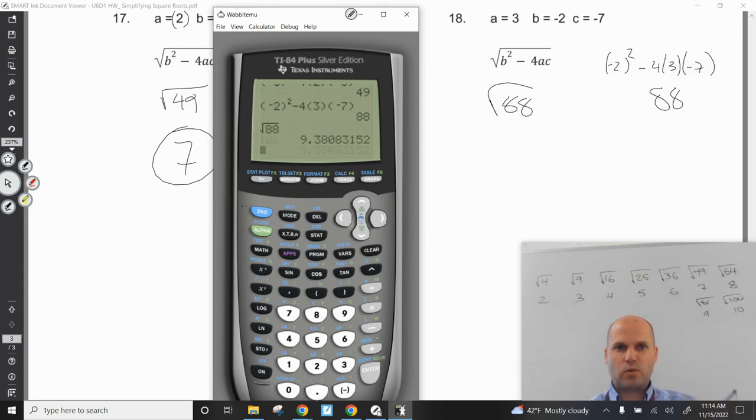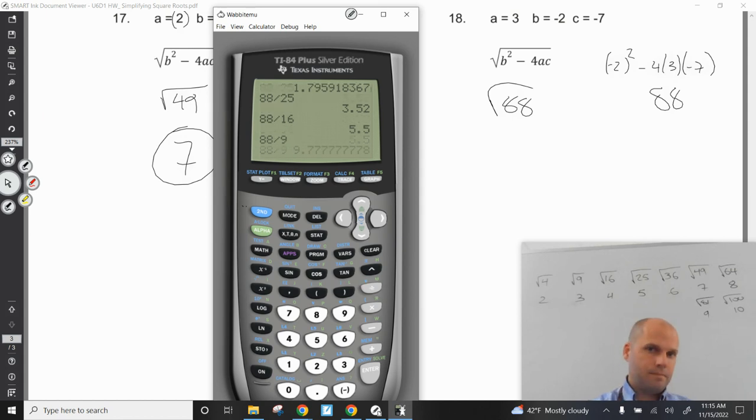What is the biggest perfect square that goes into 88? Well, start dividing. 36. Should have tried 49, but we know that's not going to work. 25. 16. No. 9. Nope. 4. Yep.